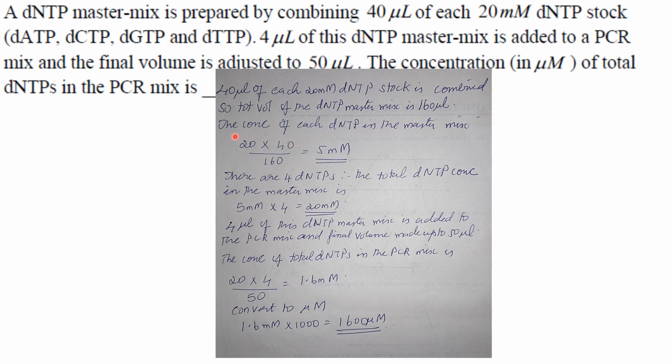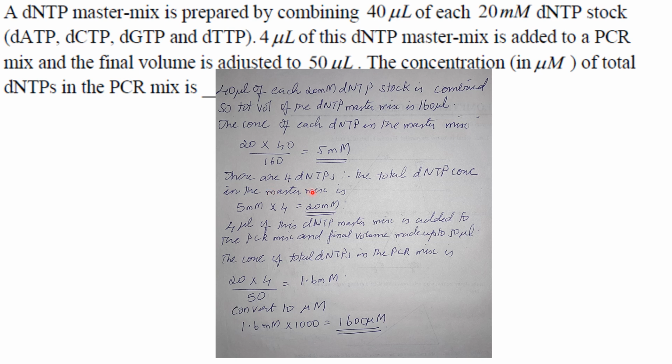Okay. Now the concentration of each dNTP in the master mix. By using the M1V1 equals M2V2 formula, M1 will be 20 millimolar, V1 will be 40, and M2 we have to find out, and 160 is V2. So you will get 5 millimolar.